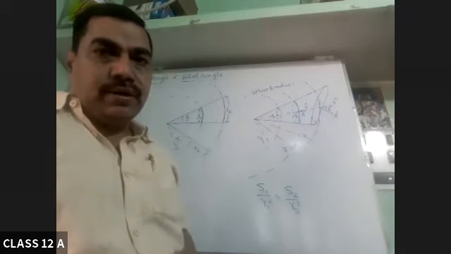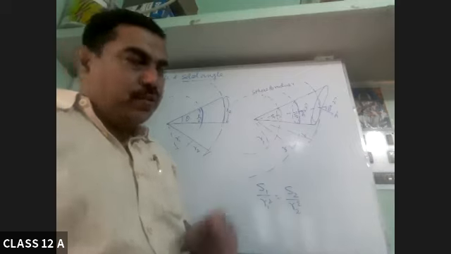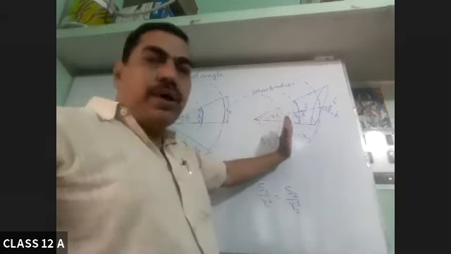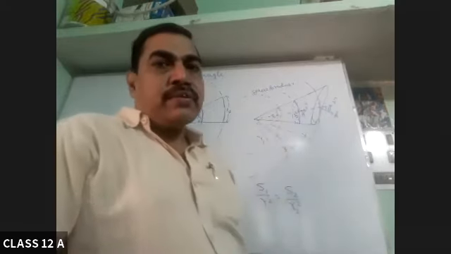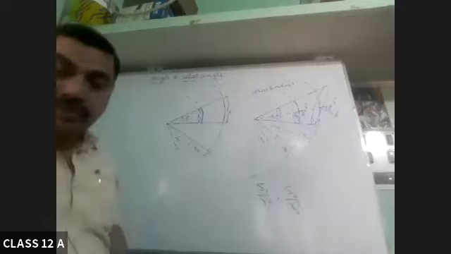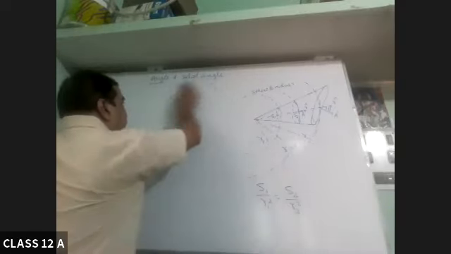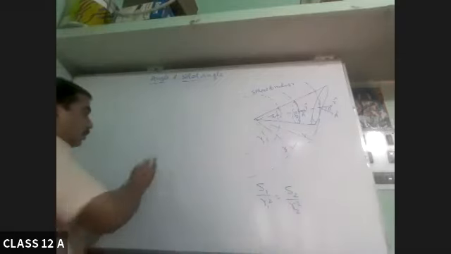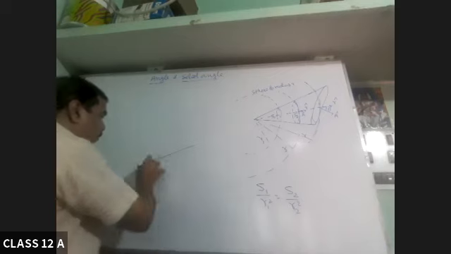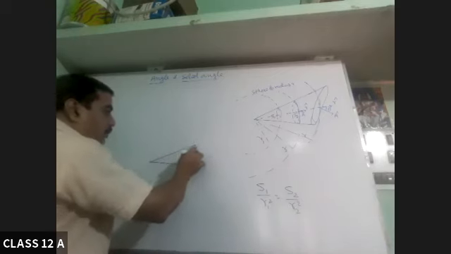Is it clear? So we want the component of the area which is perpendicular to the radius vector. So suppose this is the cone. You are given this area.